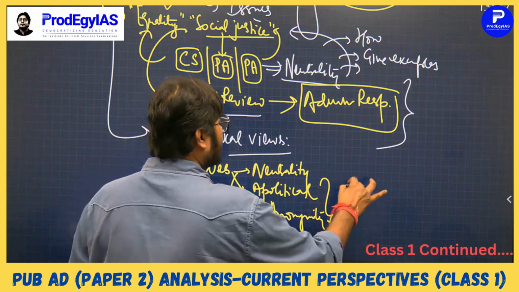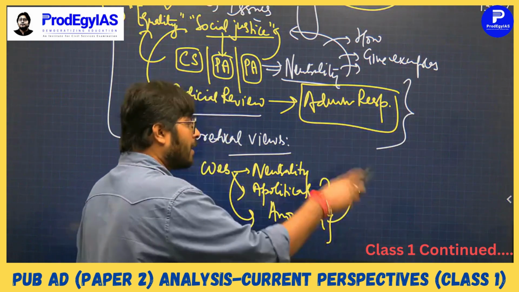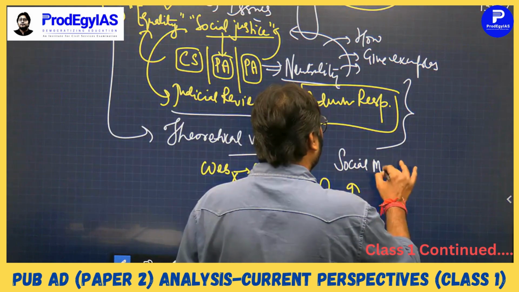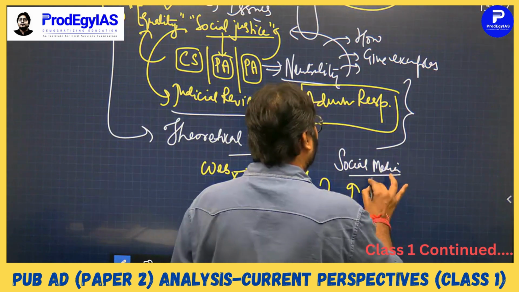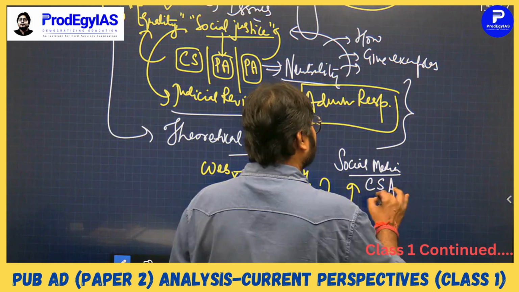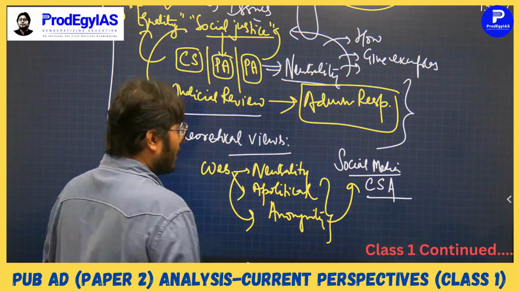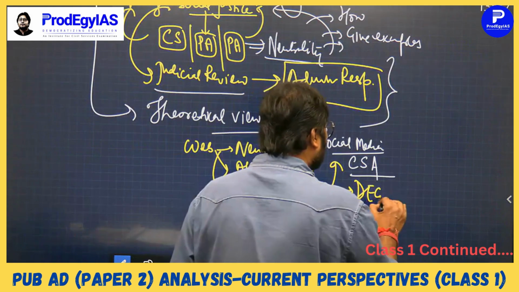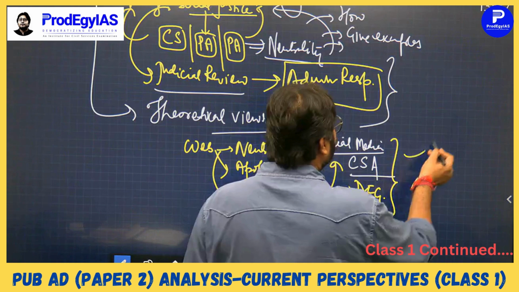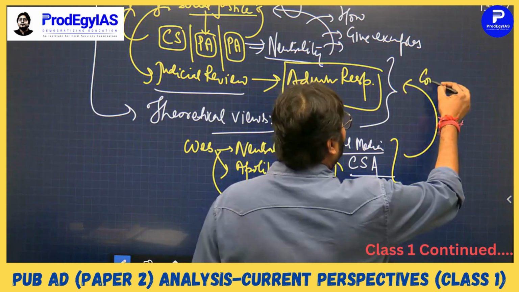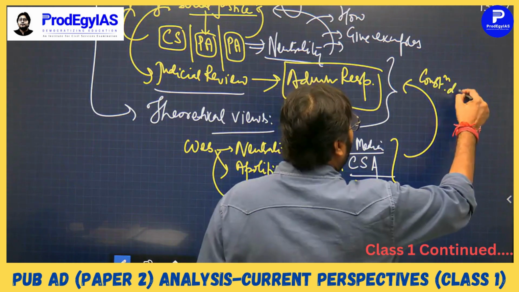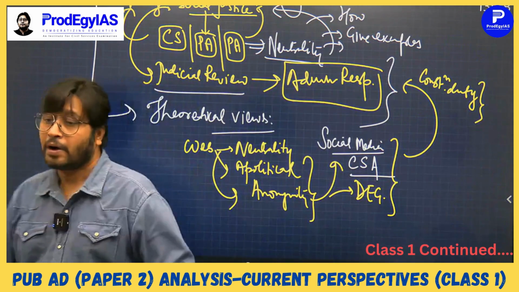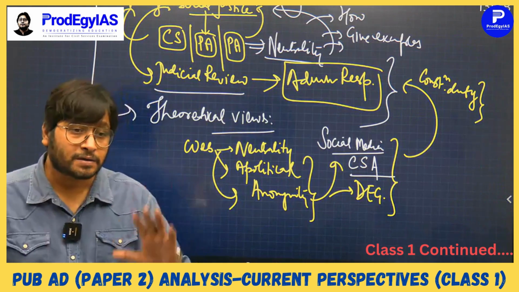Right? Has given way, has been eliminated in the era of social media. Right? In the era of civil services activism. Right? In the era of digital era governance, whatever. Do you think somewhere it impacts the constitutional duty or impacts upon the constitutional duty of the civil servants?